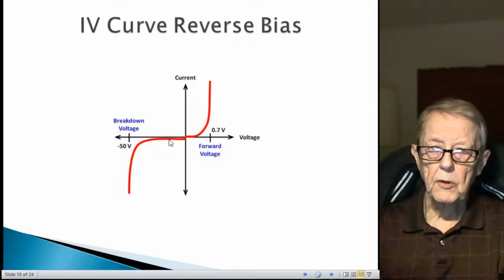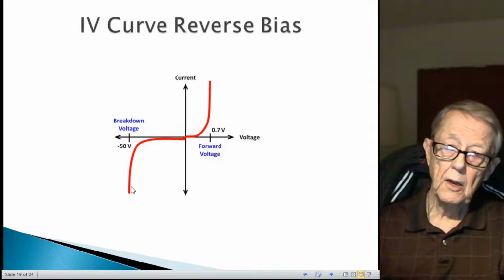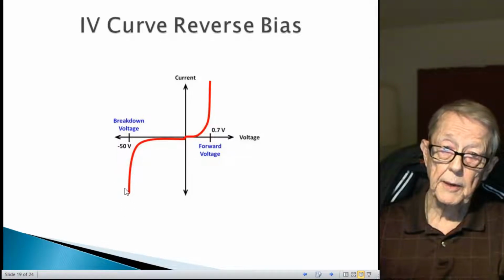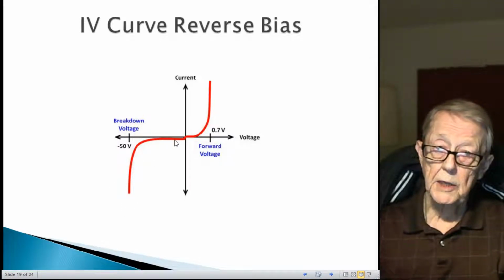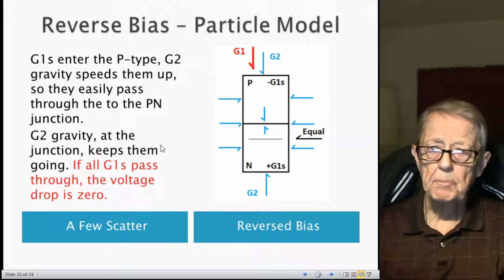What we're talking about in reverse bias is operating in this region. We don't operate reverse in this region, although Zener diodes operate out here, but a normal signal diode operates here. So we're trying to explain this, and you'll see there's a slight drop. It isn't 0, but there's a slight drop.